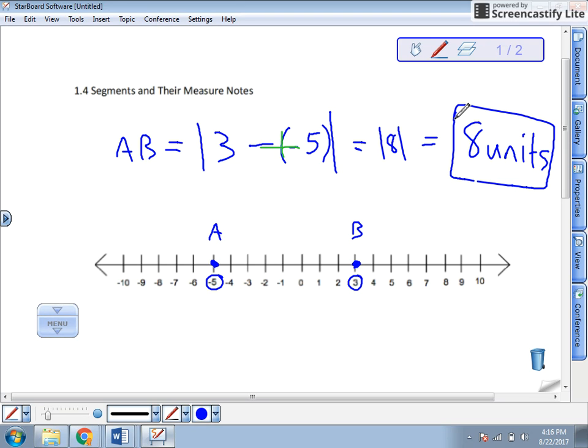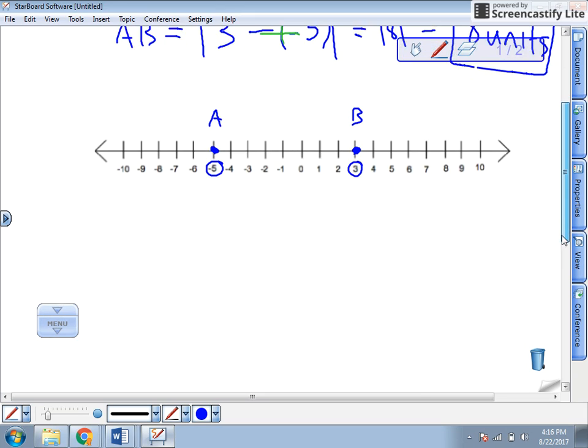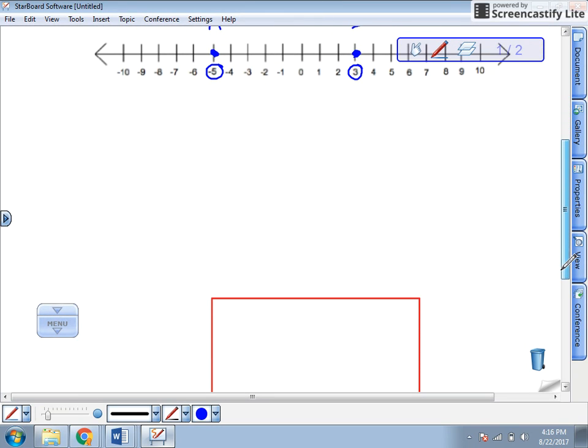Now, if we find that 2 segments have the same length, a very important term that we're going to learn in this section is called congruent. All right, so I want to write that down right here, congruent. Then I'll write the symbol below it. You'll see that quite a bit. The congruent symbol is an equal sign with a little squiggly on top. What does that mean?